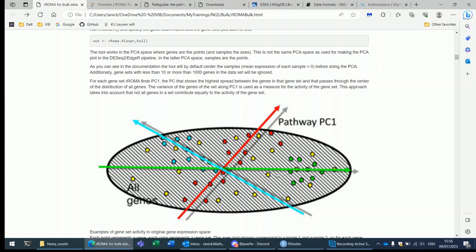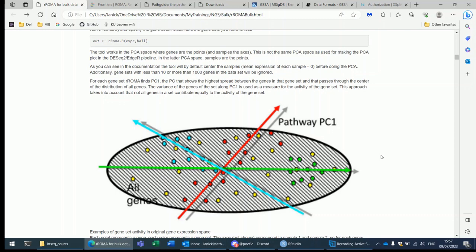If a gene set is nicely centered around the center of the distribution, then the median will be 0 or very close to 0. That's the origin of your 8-dimensional space. However, if a gene set is shifted, it means that the median will not be close to the center of the distribution. So the median will be far away from 0.